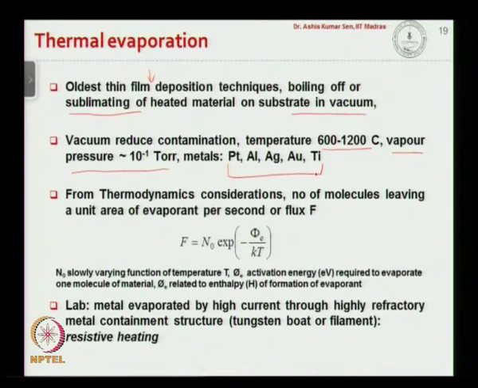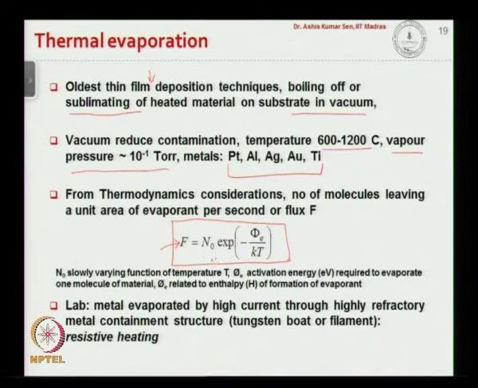Now from thermodynamics, the number of molecules that will leave a certain area of the evaporant per second is given by the flux. The flux is representative of how many molecules are leaving a particular target and falling onto the substrate.